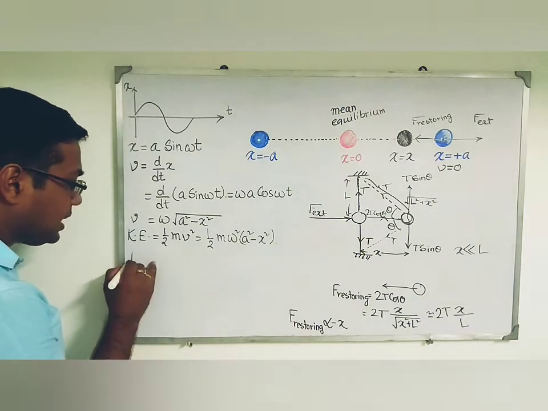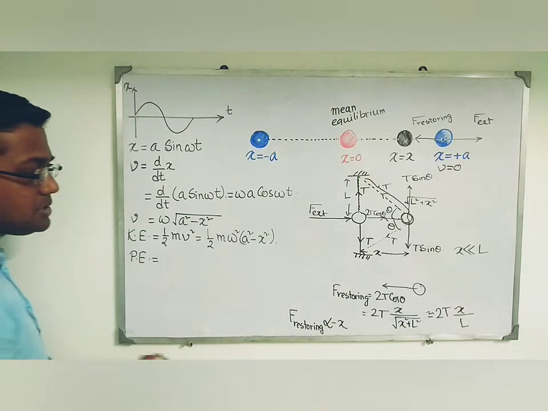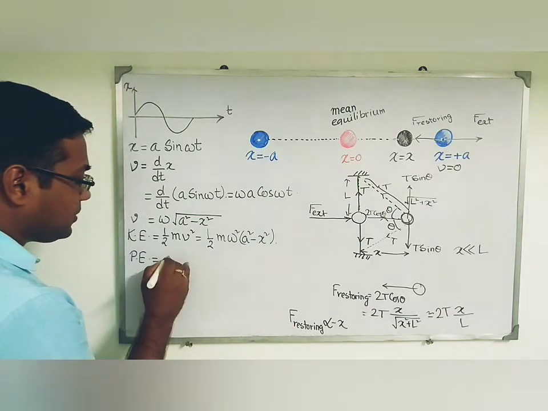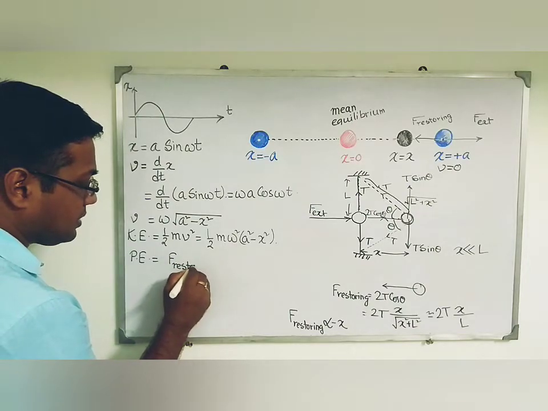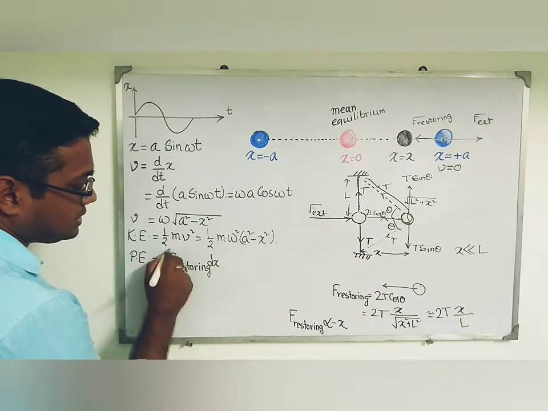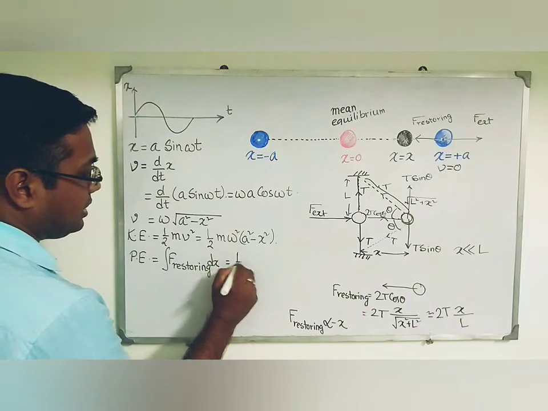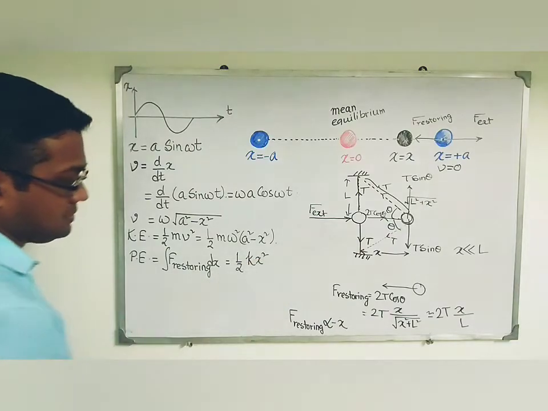Now if I want to calculate the potential energy, this potential energy is completely due to the restoring force. If I integrate it, I get half k x square.